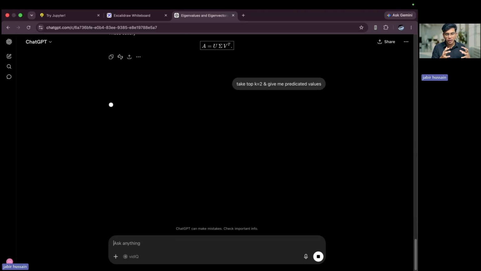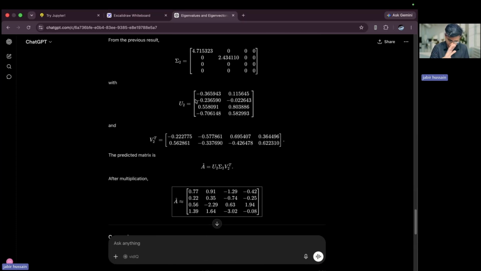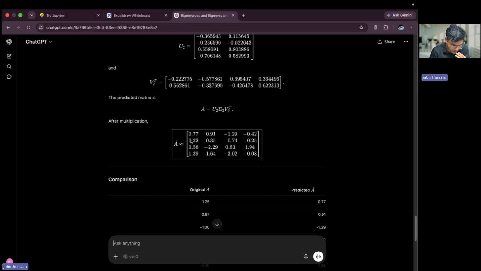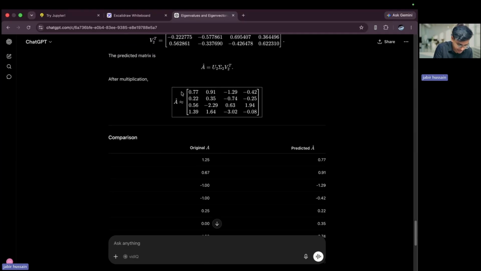You can see all other things will become 0, my U will become this, and my V transpose will become this. We'll eliminate the last two vectors, and then after multiplication, this is the matrix you get. So our final matrix would be this.